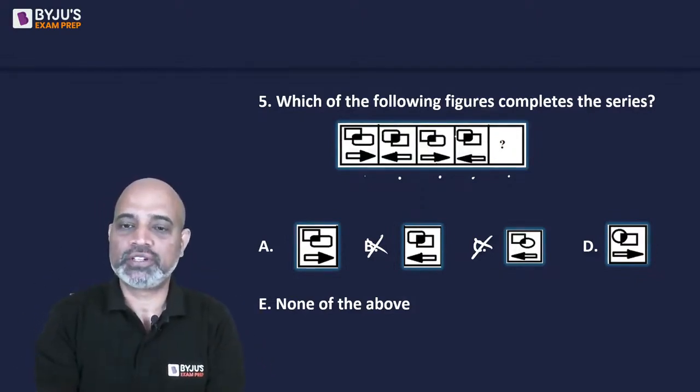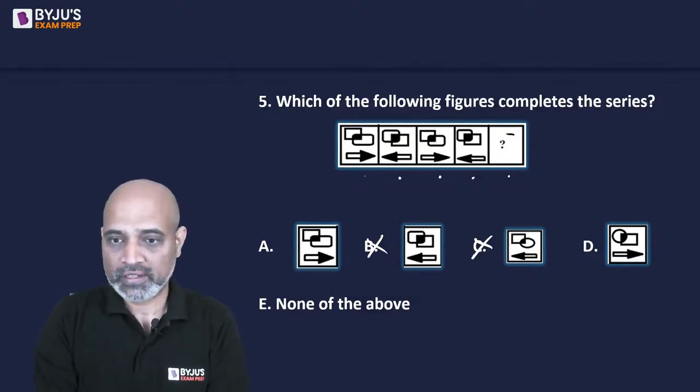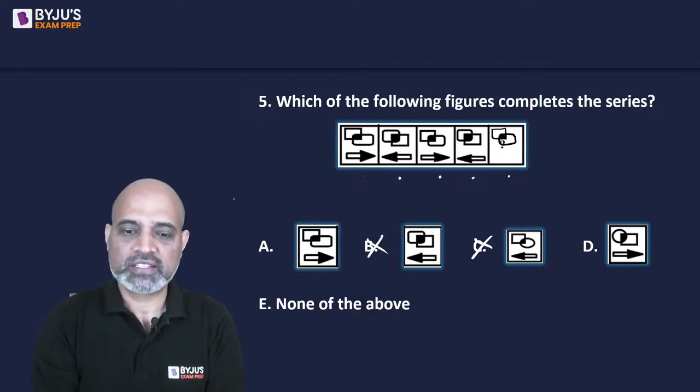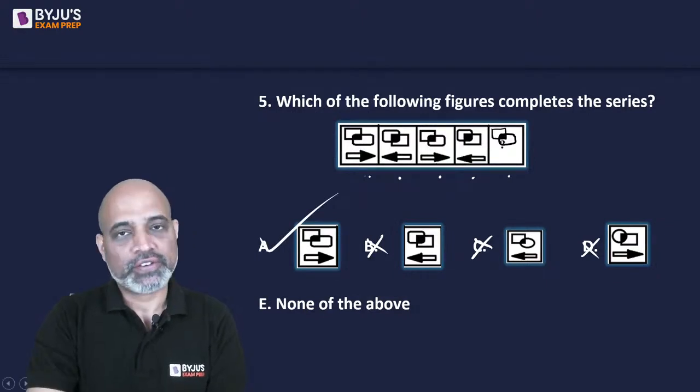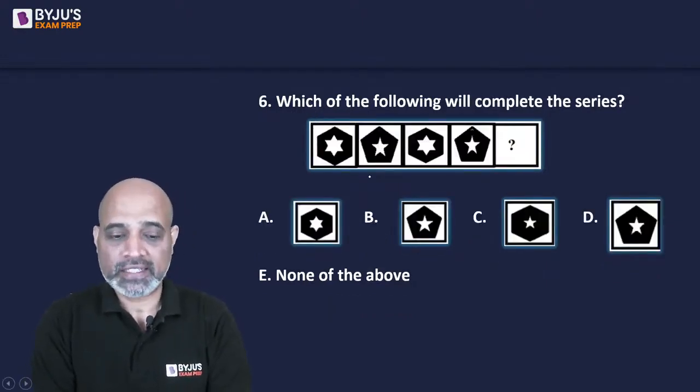Now it's the turn for rounded rectangle to be at the lower level than the rectangle, right? And the common region is going to be shaded. This one is between A and D में A में है. So A will be the answer. Okay, next one. Which of the following will complete the series?